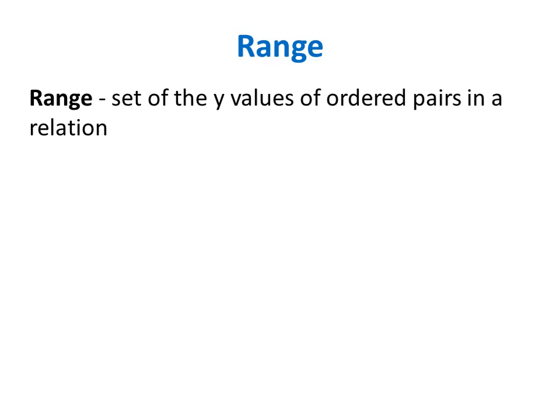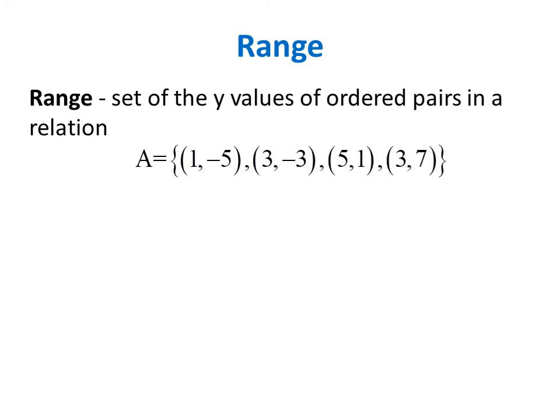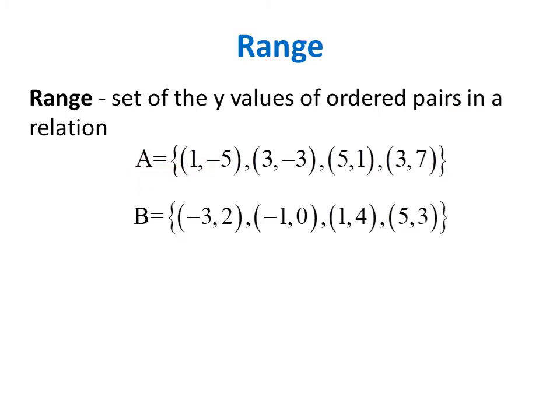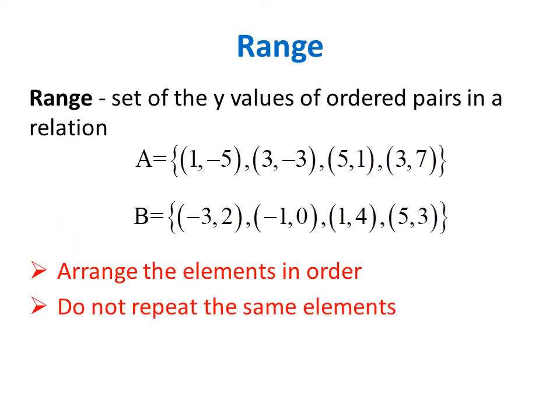The range of a relation is the set of the y values of the ordered pairs in a relation. Let's say we are given the same relation A and the same relation B. In writing the range, it is also recommended that we arrange the elements in order.